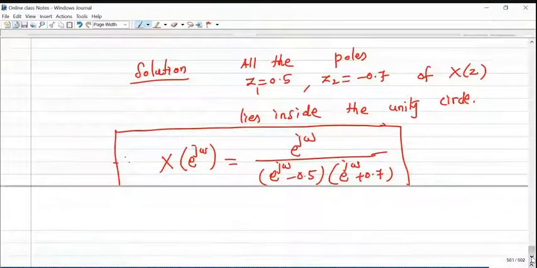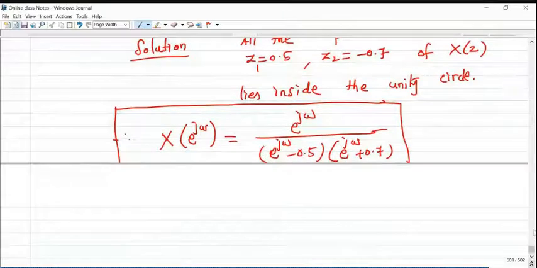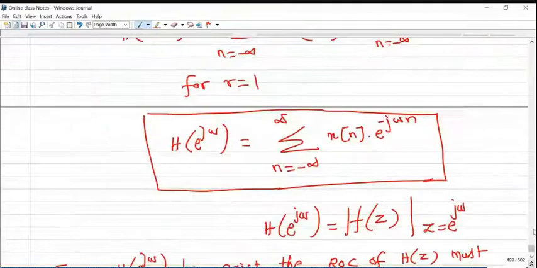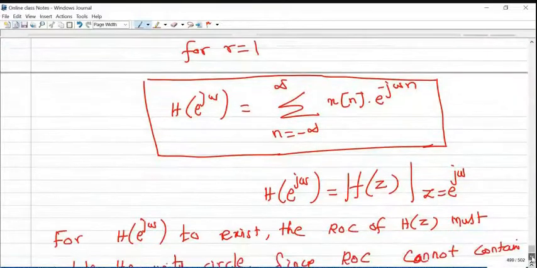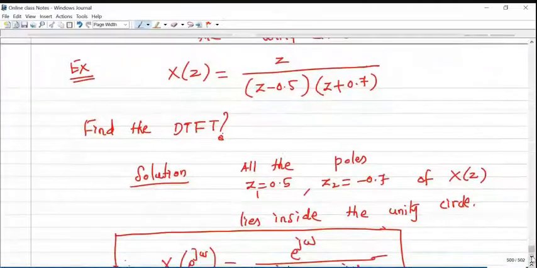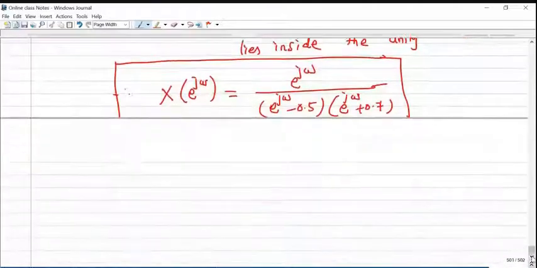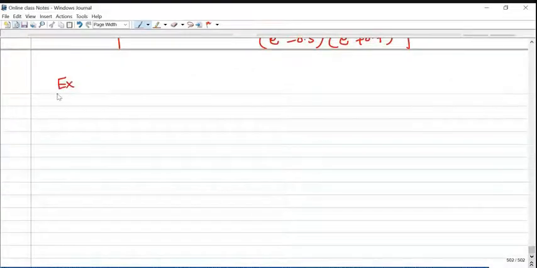Same concept here: the DTFT and Z transform of a signal are the same only under the stable signal condition. So we will complete this in today's lecture.